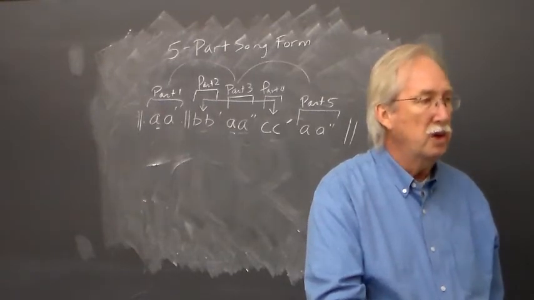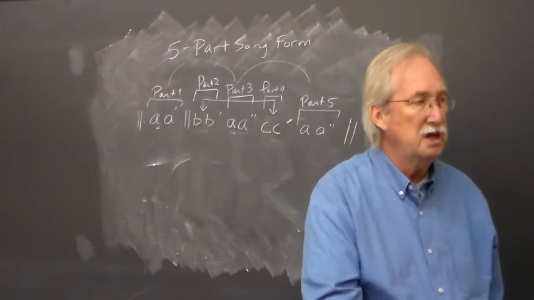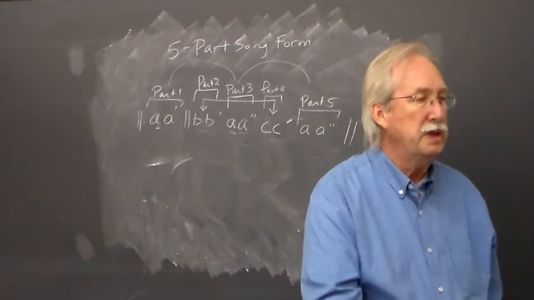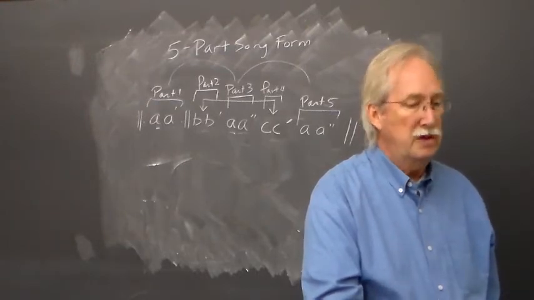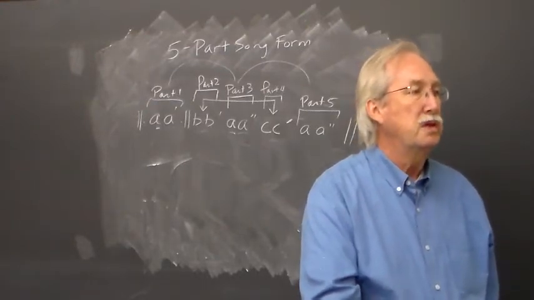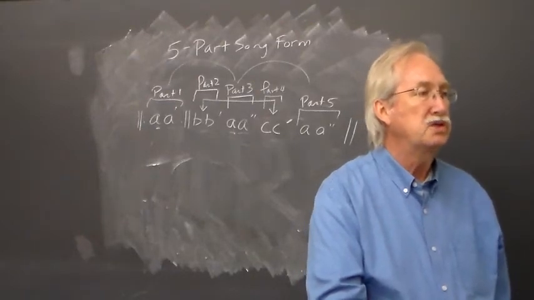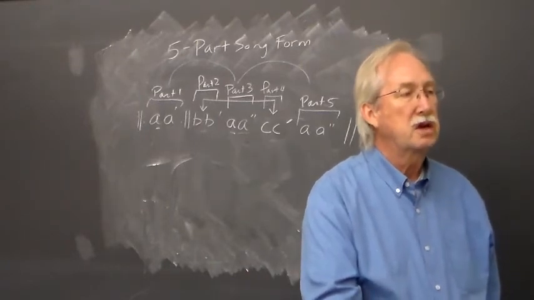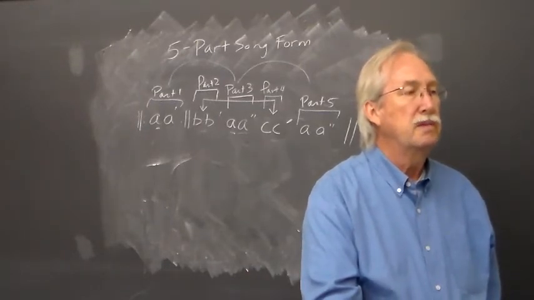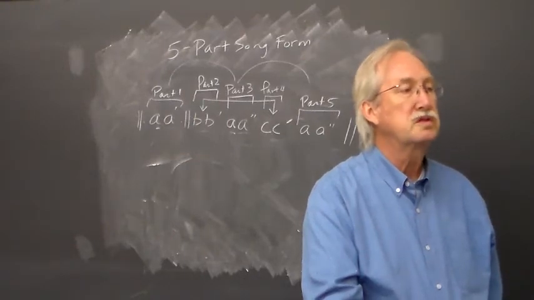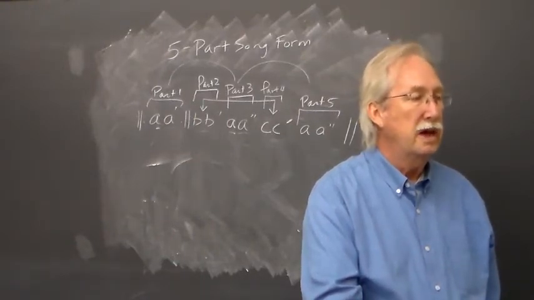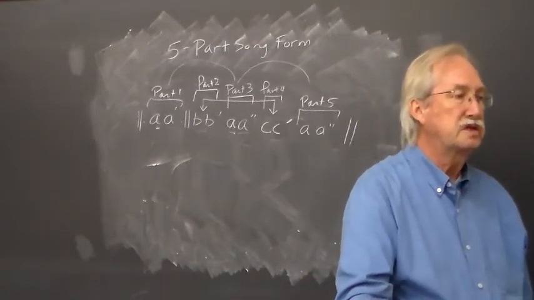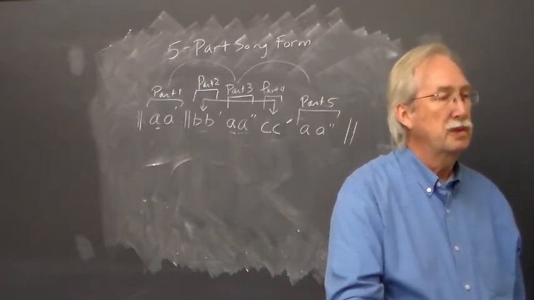All right, and then the other one that I want you to look at is the one entitled Spinning Song. If you go back to the home page and then go to handouts and scores and then song forms, and then slide across to song form scores and click on that, then you'll see this second example.